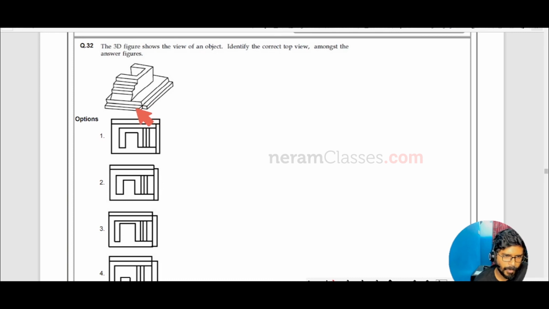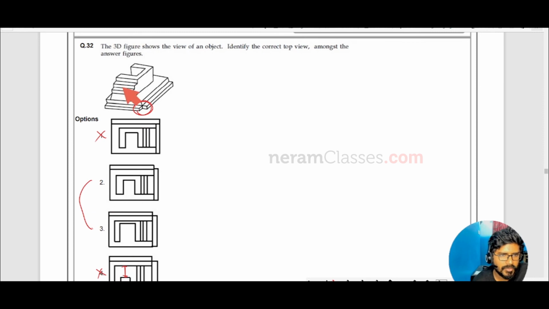I'll show you how. Here we can find there is a small empty gap like a square here, which we don't find in option 1. The other options we have that, so we should take the other things into consideration, which is this C shape. Here the length is very big, but it's small here, so option 4 is also wrong. So the option has to be either 2 or 3.